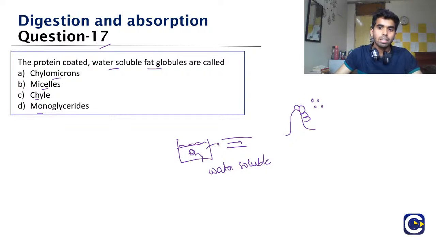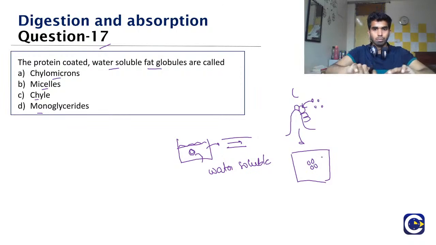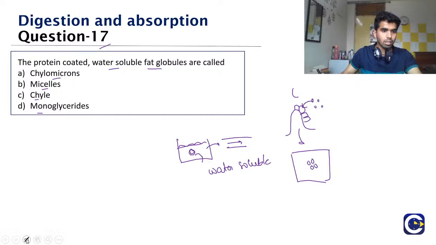Then this enterocyte takes up this fat globule. Inside this cell, the fat globules are covered by a protein layer, and this protein layer present around the fat globule forms one structure.